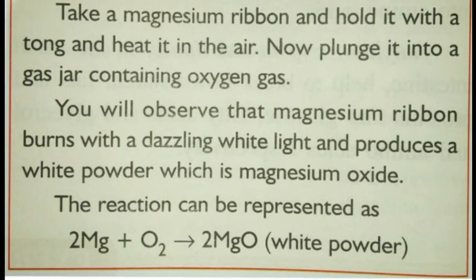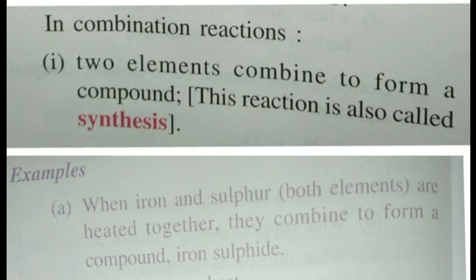MgO is a white colored powder, that is magnesium oxide. In combination reactions, two elements combine to form a compound. That is known as synthesis reaction. When two elements combine to form a compound, it is known as synthesis reaction.